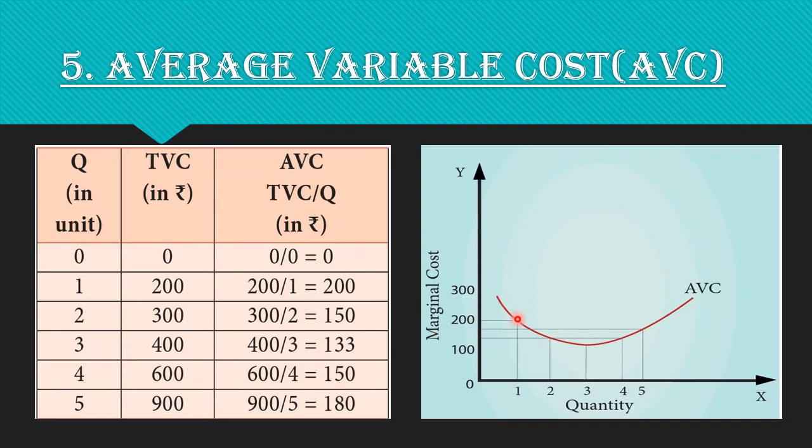That's why it is U-shaped. You can see here, in the beginning the cost starts decreasing. Are you understanding? If the cost is decreasing, it's a good thing for the company. And if it is increasing, it's not that effective for the company. So that's why it is a U-shaped curve. That is average variable cost.